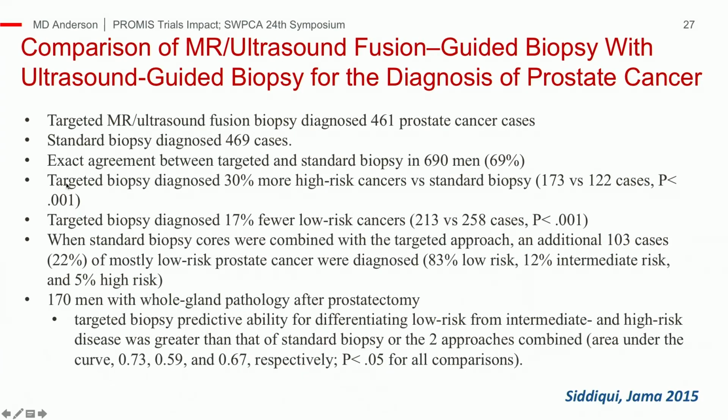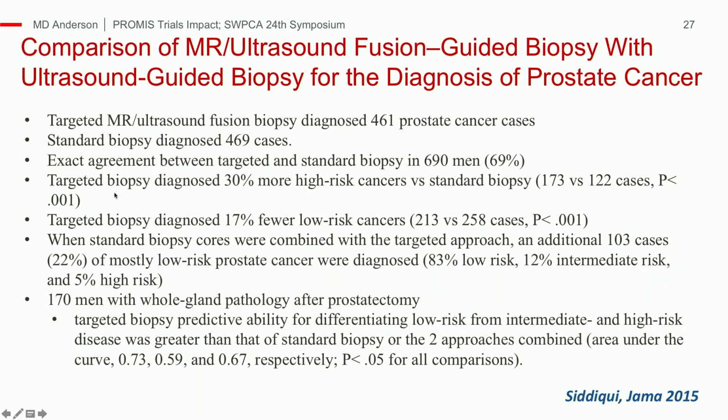There was an exact agreement between the targeted and the standard biopsy with regards to grade in about 70% of the patients. The targeted biopsy, however, diagnosed 30% more high-risk prostate cancers than the standard biopsy. So that was leaning towards this MRI fusion biopsy technique being able to identify the patients that we really wanted to identify better than the men who underwent just a standard prostate biopsy.